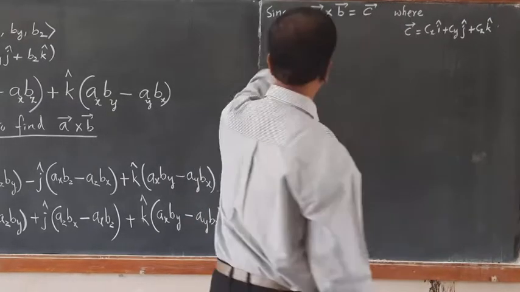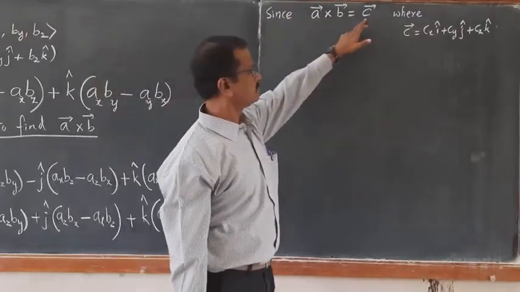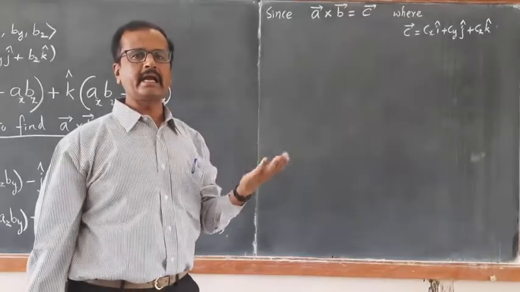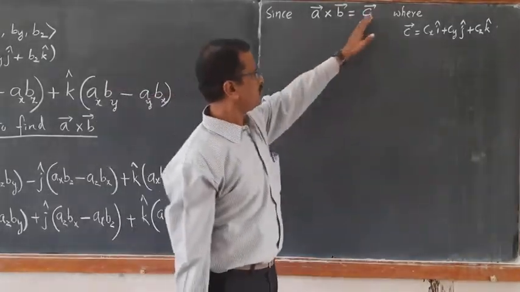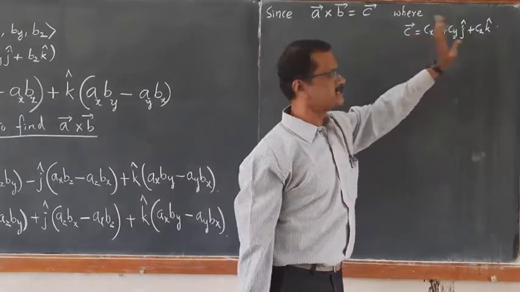Since we have defined vector A cross B as another vector C, which is perpendicular to plane containing A and B, therefore the C also has components Cx, Cy, Cz.